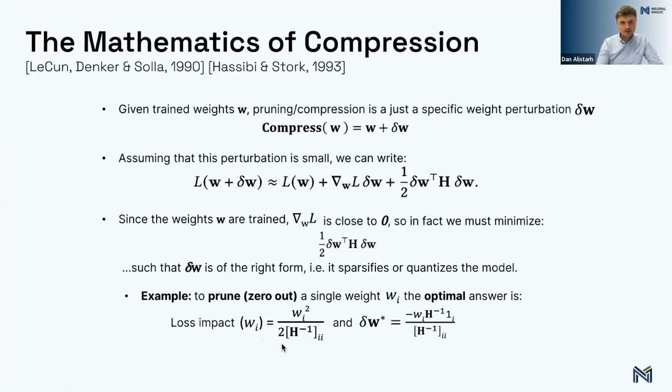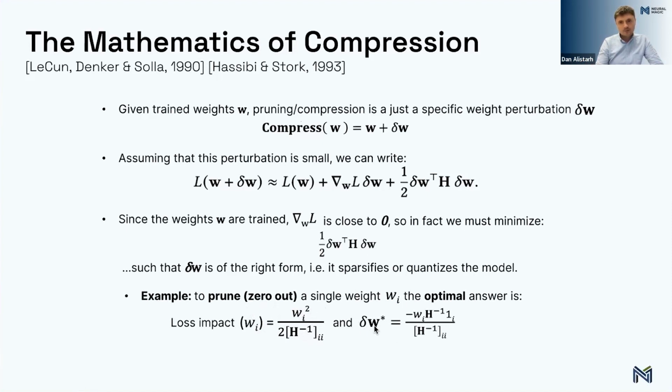What's very interesting is that this problem can be solved exactly. In order to find out the weight that should be pruned to minimize the impact on the loss, we can obtain these formulas where the weight of minimal impact on the loss would be the weight which minimizes the size of the weight divided by the Hessian inverse corresponding to that weight.